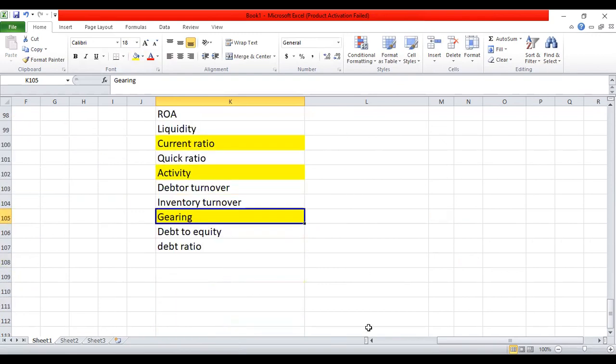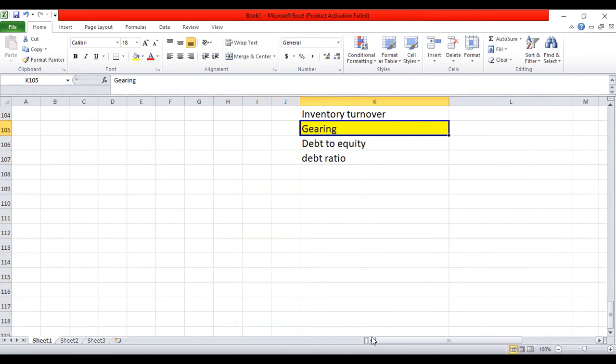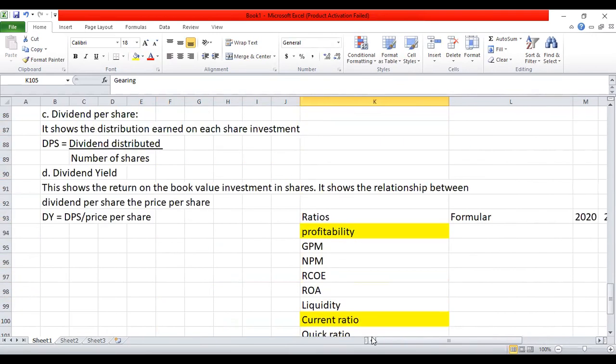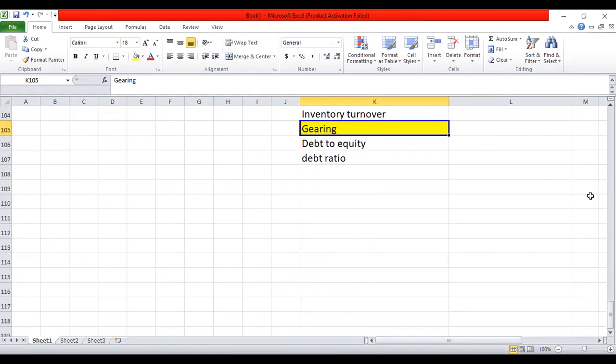Then the next step is to write a report. When you're writing a report, you are interpreting the data you have already calculated here. So your report shouldn't be very big, at least one page.